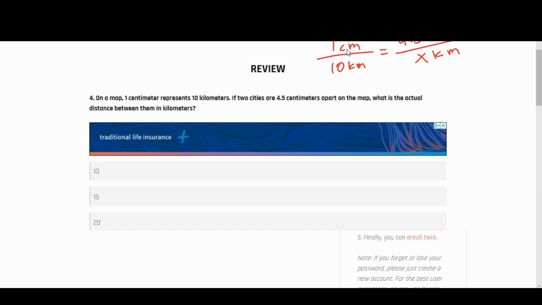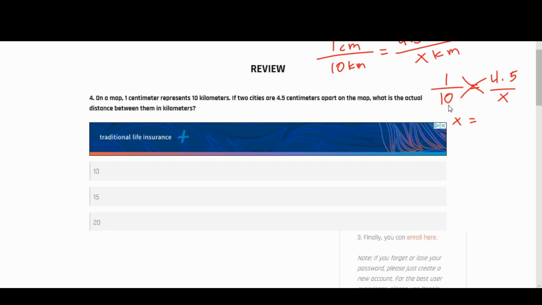Now, to solve this problem, we actually have to take these units of measurement away. So it's going to look like this. 1 over 10 equals 4.5 over x. Now to proceed, we cross multiply. That is, we do 1 times x, which is just x, equals 4.5 times 10.